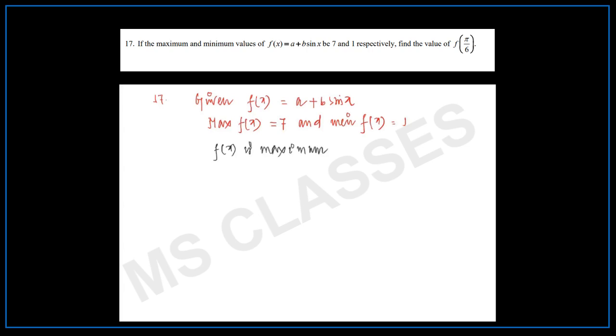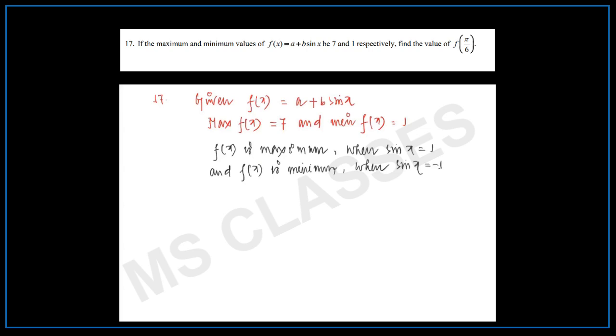Given f(x) equals to a plus b sin x, max value of f(x) is 7 and min value is 1. f(x) is maximum when sin x is equal to 1, that is sin x is reaching to its maximum value, and f(x) is minimum when sin x equals to minus 1.